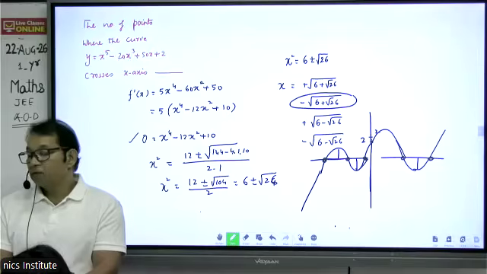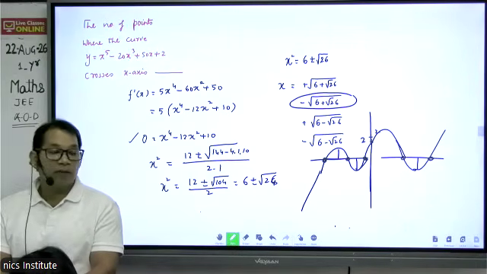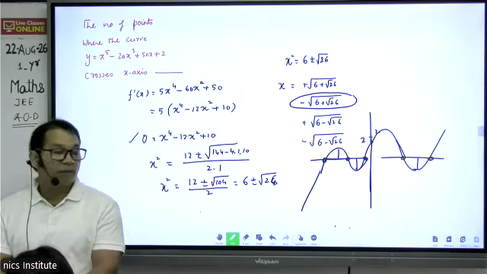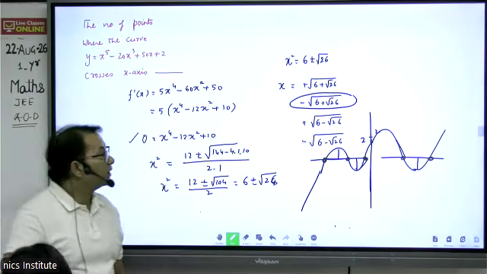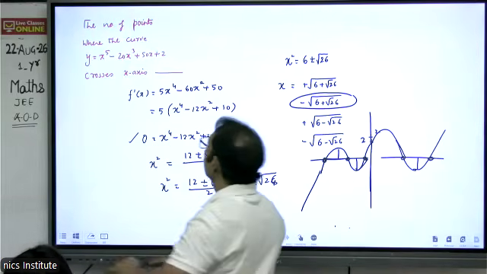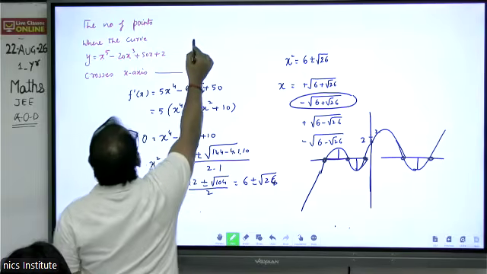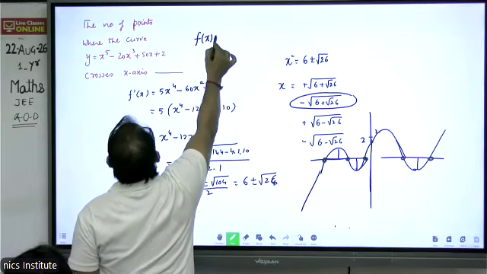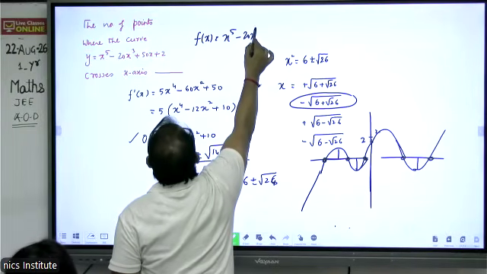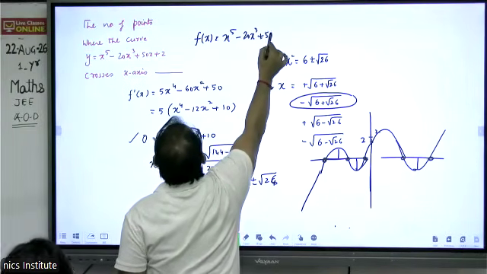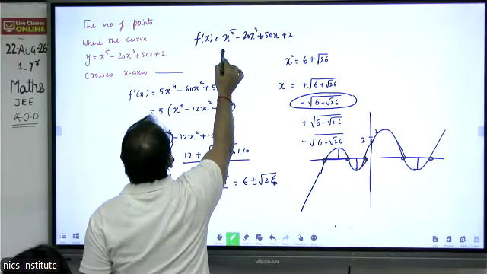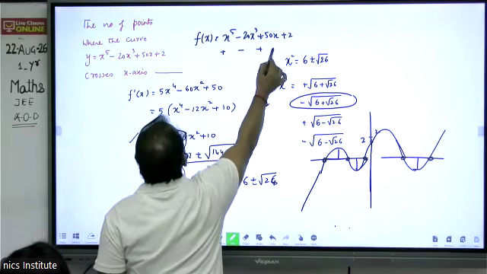See, there's another way of solving this question if we don't use maxima and minima. We see the number of sign changes. But the number of sign changes gives you basically the maximum possible roots. We have f of x, which is x to the power 5 minus 20x cube plus 50x plus 2.